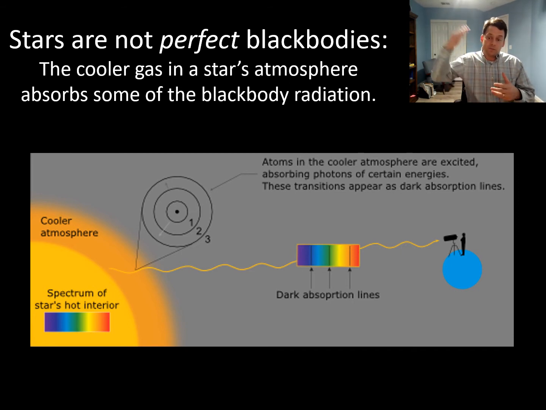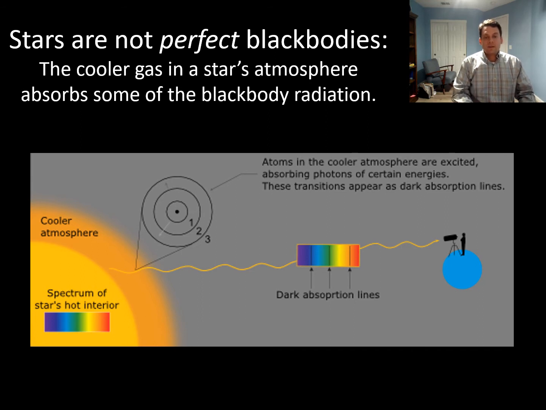But eventually you get far enough away into the upper atmosphere of the star, and it does get cool enough for some stable atoms to exist. But what that means is that as the light produced by the star is moving out, trying to get out, eventually to reach us, some of those photons, some of that light is going to strike atoms in the upper atmosphere.